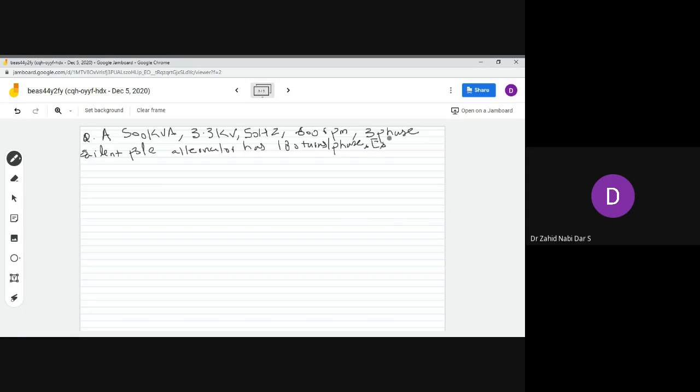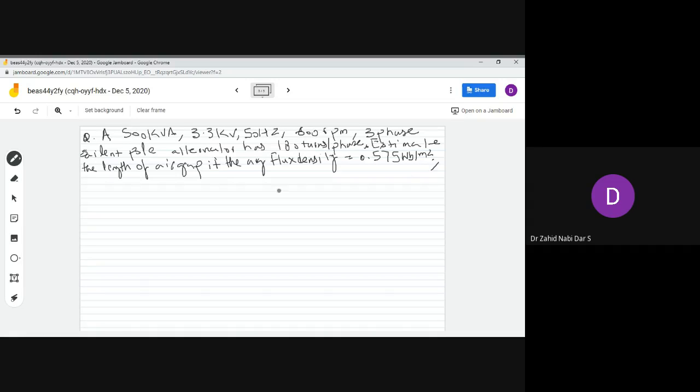Estimate the length of the air gap, which we just now saw calculated, if the average flux density is equal to 0.575 Weber per meter square.